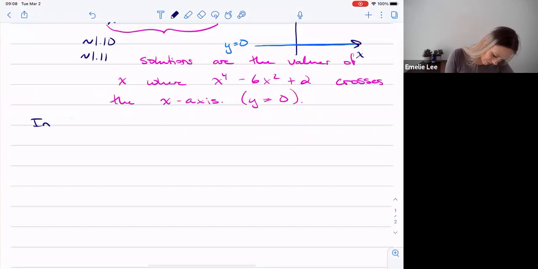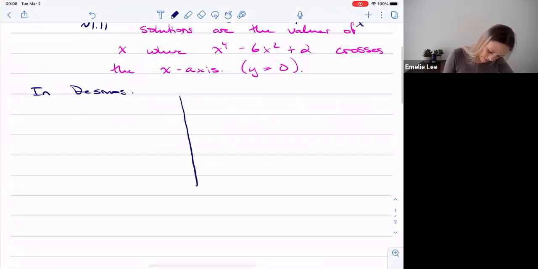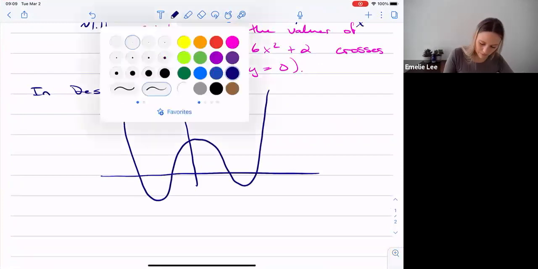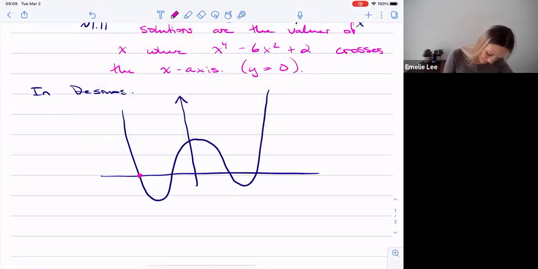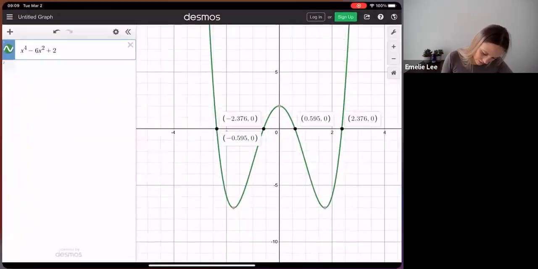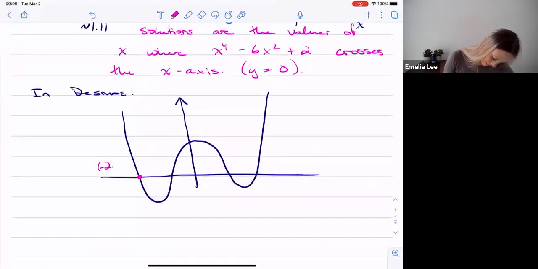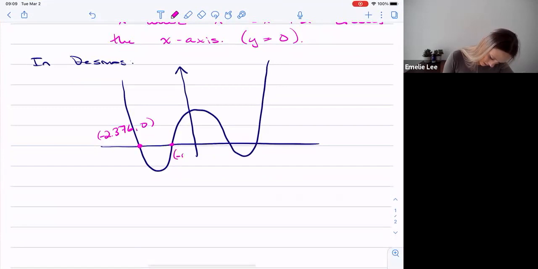So in Desmos, we find that we have something that kind of looks like a W. Like that maybe. And this was at negative 2.376 and 0, negative 0.595 and 0.